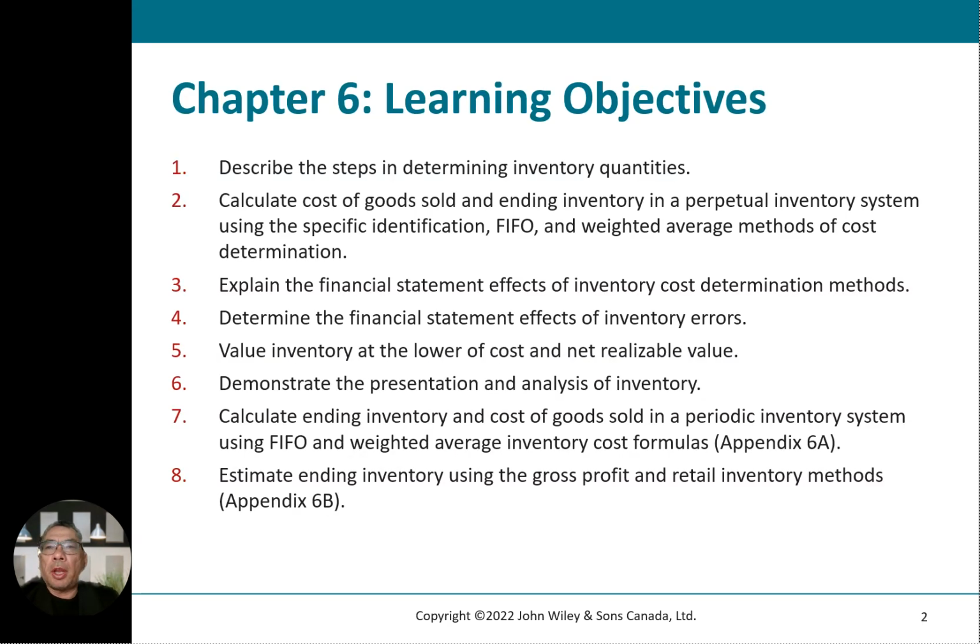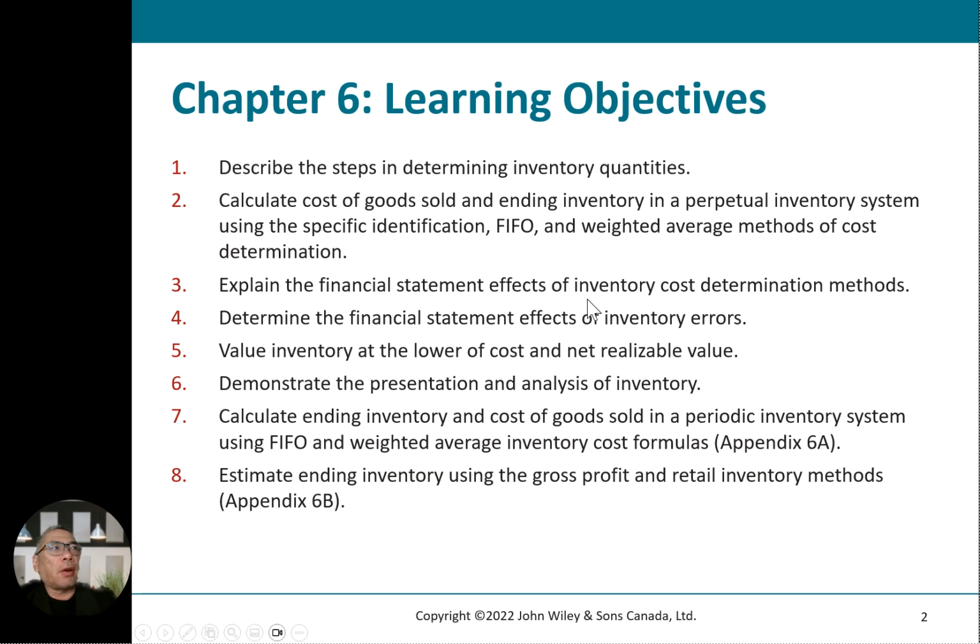So there are a number of learning objectives for this part, which is in chapter 6. They are described in terms of the steps in determining inventory quantities, calculating cost of goods sold using the perpetual inventory system as well as using specific identification, FIFO, weighted average, and cost determination.